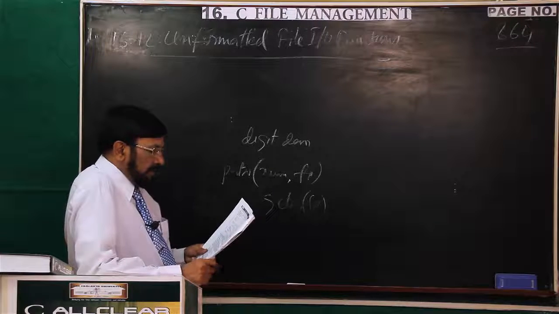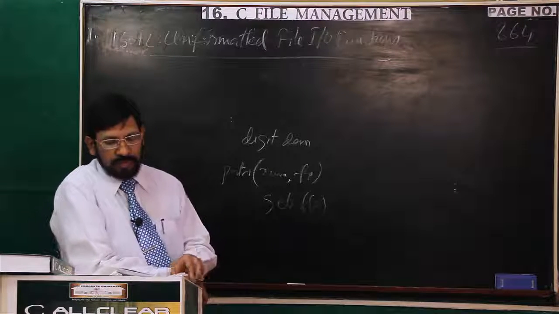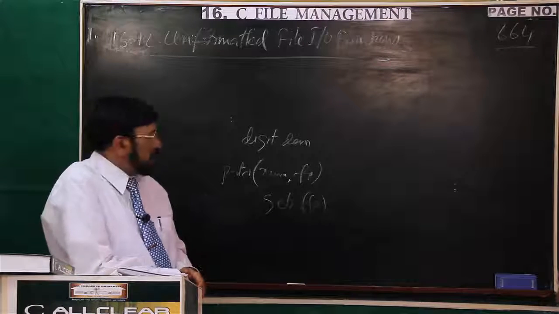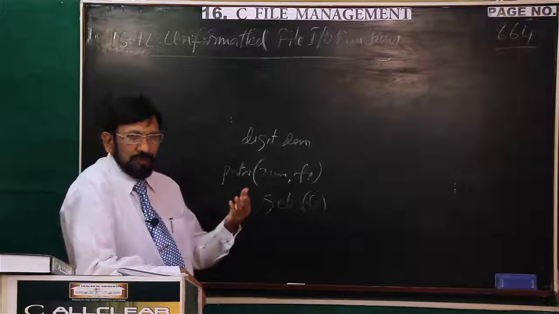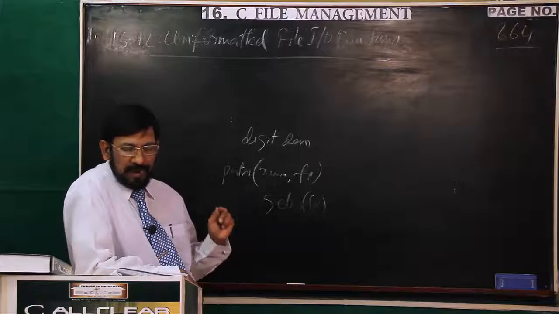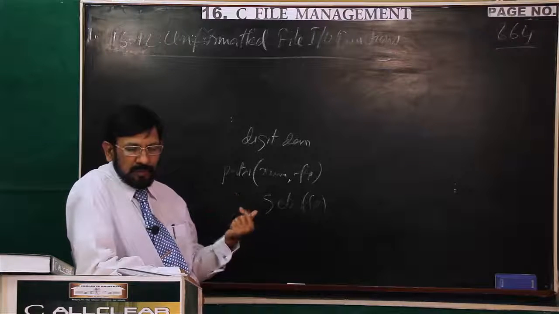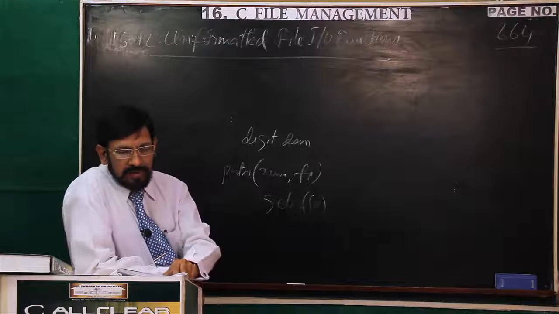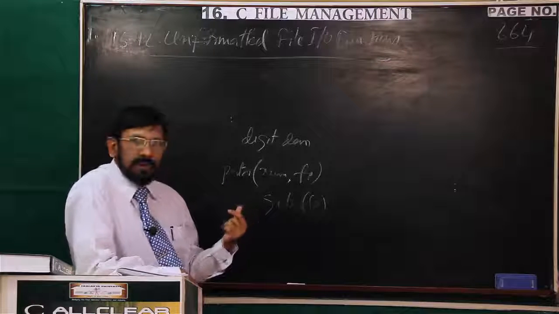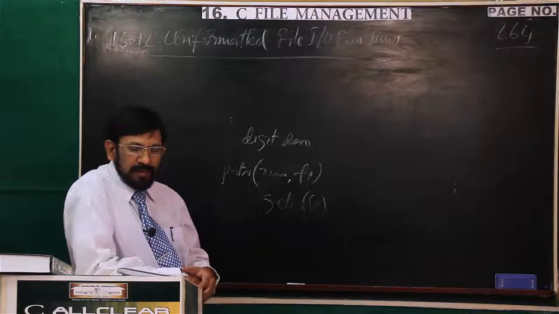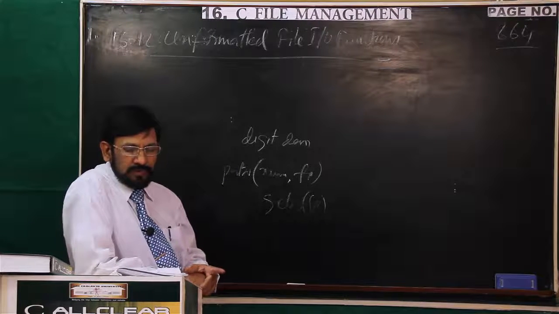Here 10 numbers we entered through scanf, and putw wrote those numbers on the file. Thereafter, by using getw, line number 18, we are reading those numbers and displaying those numbers using printf.